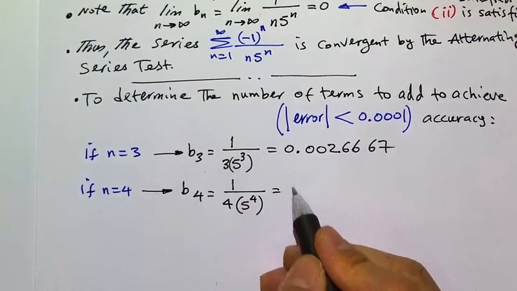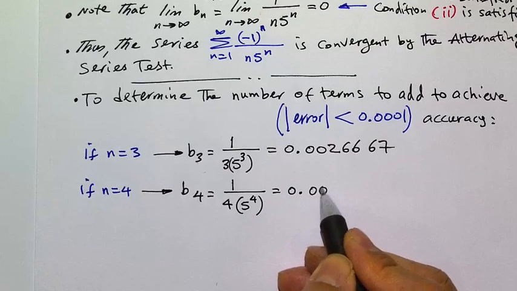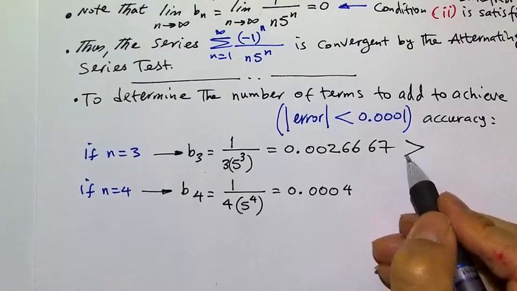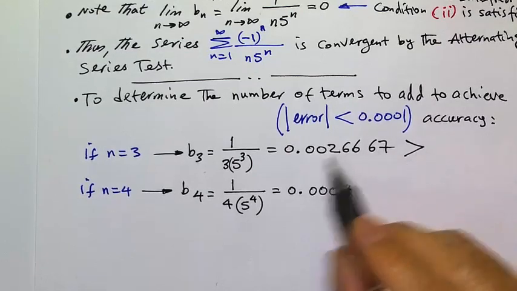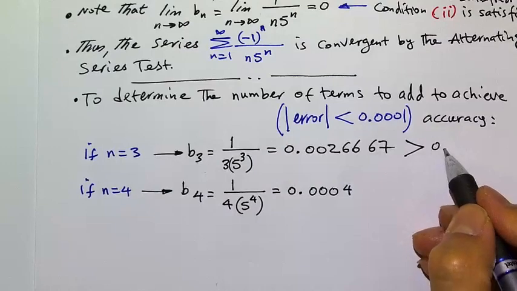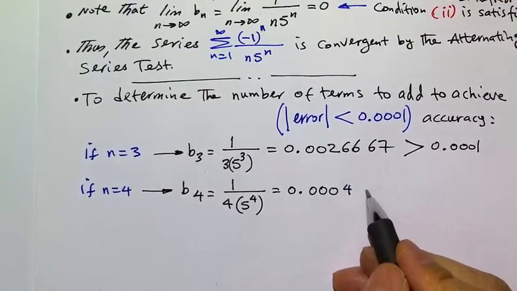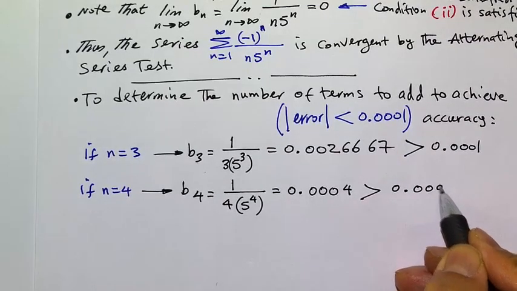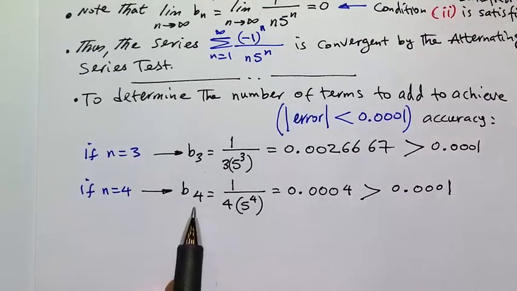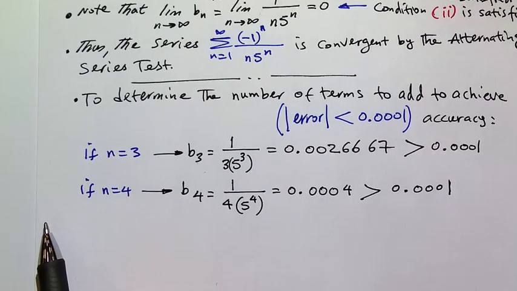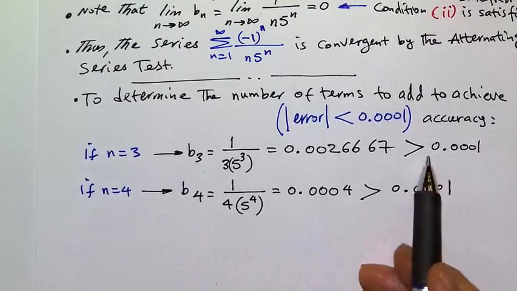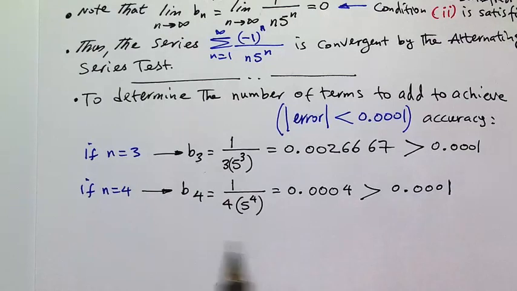So the value I got is 0.004, which is greater than 0.0001. So we can't stop there. This is still larger than that, right? What it means is that if you add the first 3 terms in the series, you will get an error that is larger than what is requested.